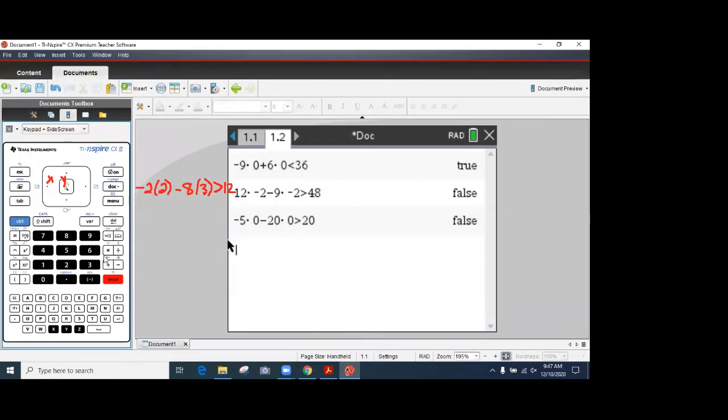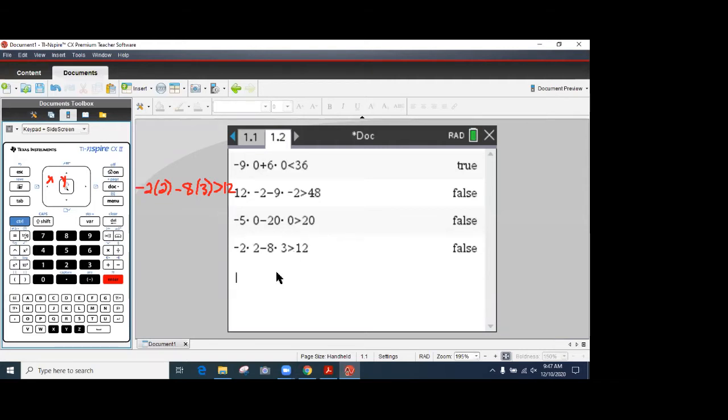All right, so we're going to type in, I'm going to use the button of the devil here. So -2, parentheses 2, minus 8, parentheses 3, and then greater than 12. Hit enter. This is false. So is this a solution? No. So number, where are we at? Number 10 is no.